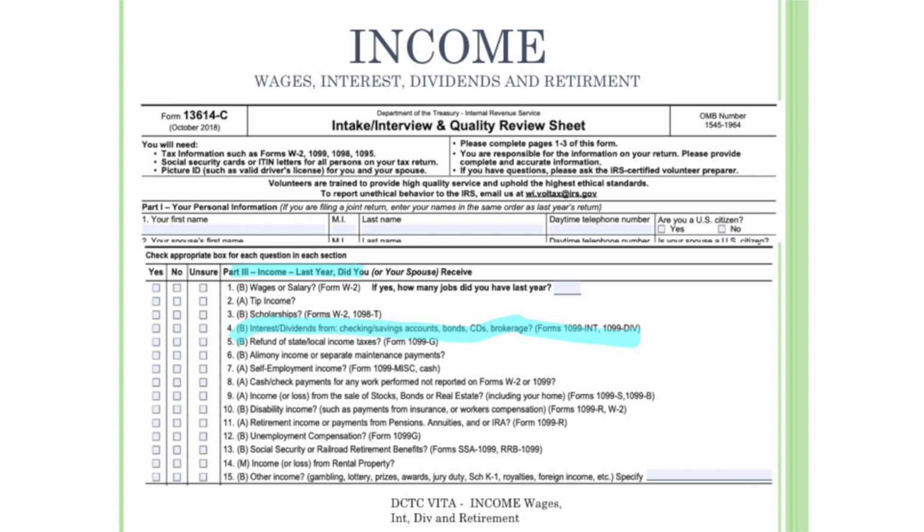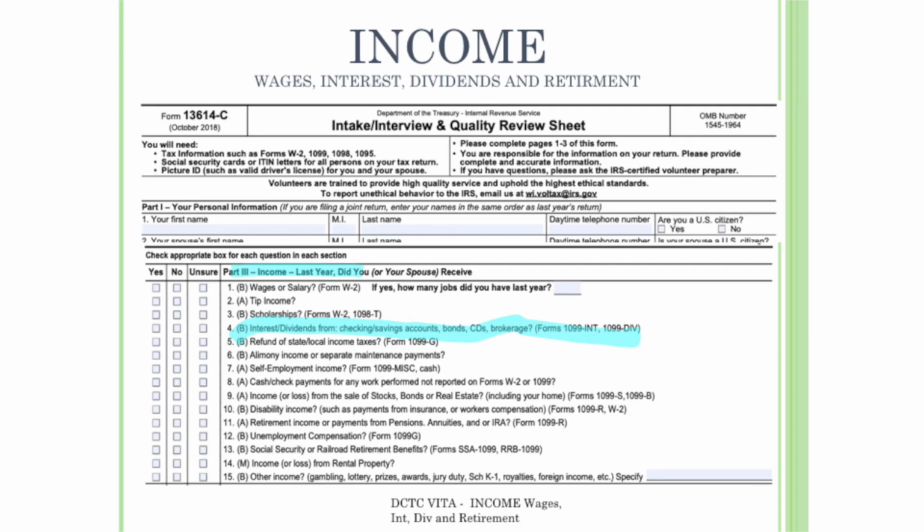This tells me if the taxpayer checks yes to any of those boxes, I should be looking for a source document or an informational document. For example, if the taxpayer checked yes to number 1, wages or salaries, in parentheses you will see a W-2. That is the source document you should be asking the taxpayer for.